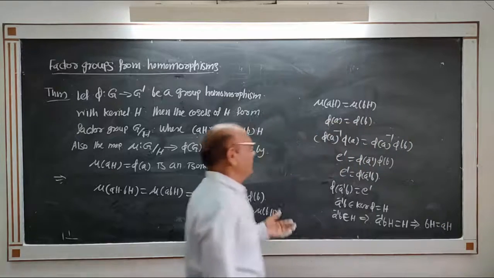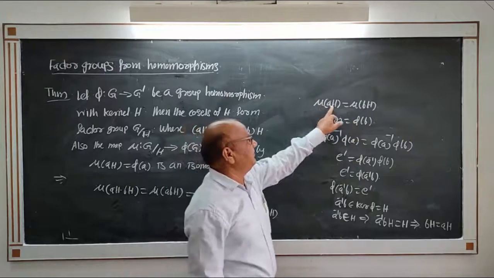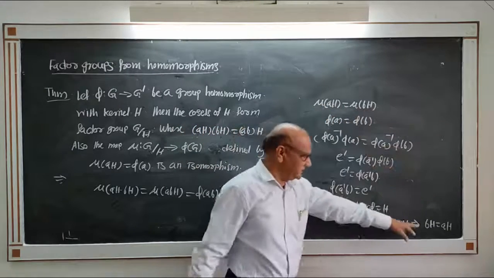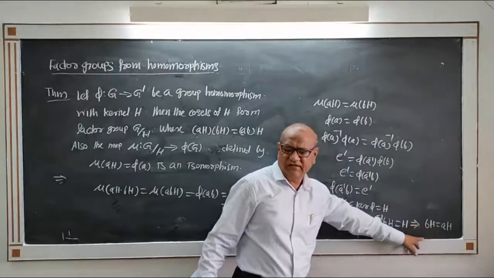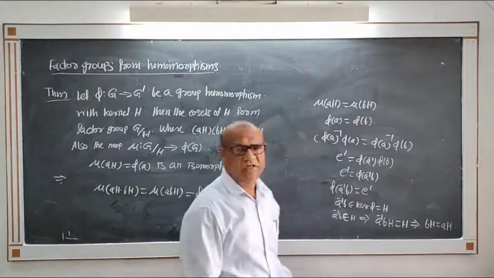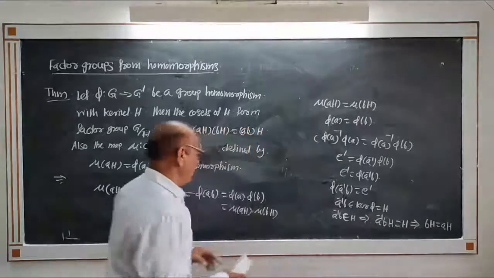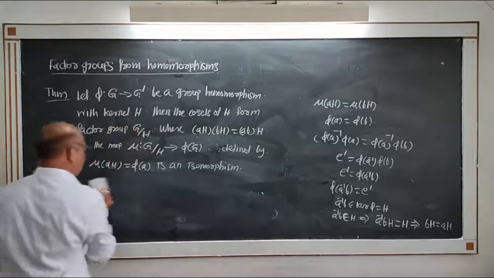That means if mu of AH is equal to mu of BH, we get AH equal to BH. That means mu is 1-1.